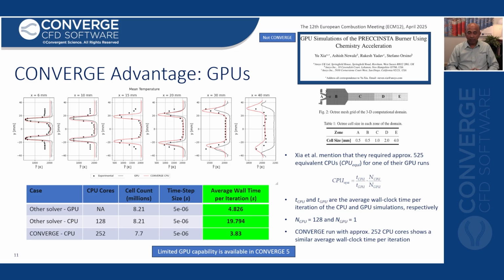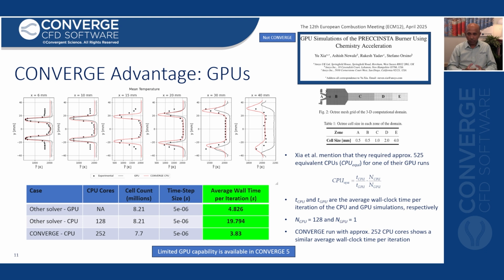Having said that, even currently with the CPU capability of Converge, with our AMR capability and the accurate scalability of CPUs, we are pretty competitive with the other GPU solutions available.